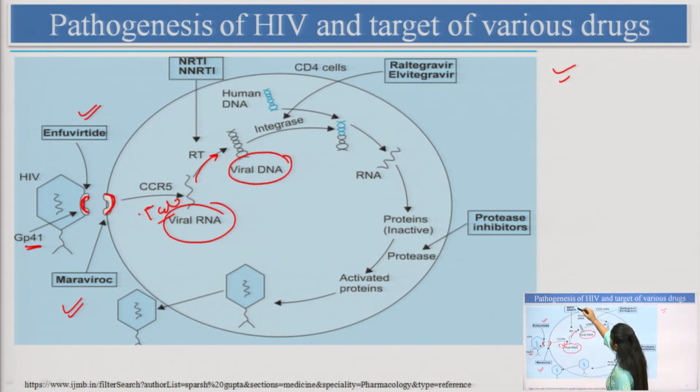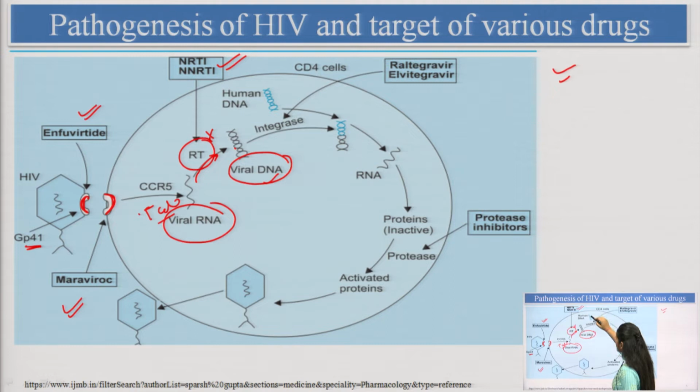There are drugs under the categories of NRTI and NNRTI, nucleoside reverse transcriptase inhibitors and non-nucleoside reverse transcriptase inhibitors. They inhibit the reverse transcriptase enzyme, so that viral RNA will not convert to viral DNA. The second step we see here is that after the formation of viral DNA, it is integrated with the human DNA.